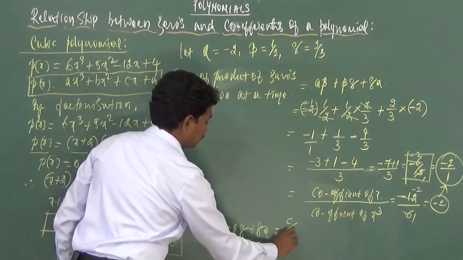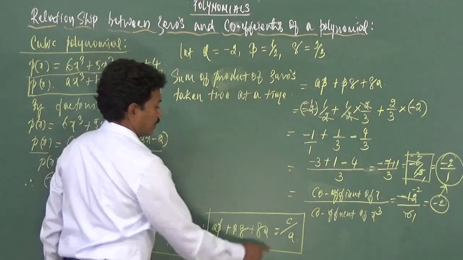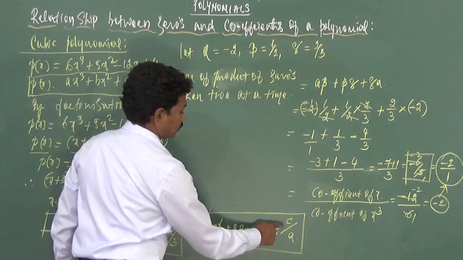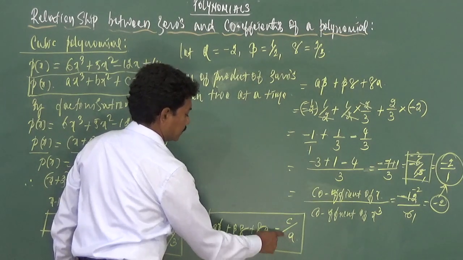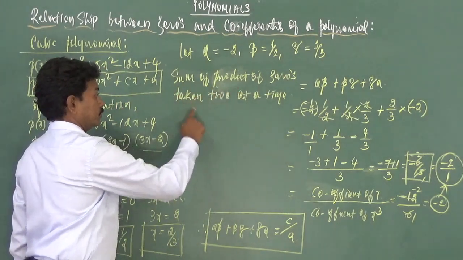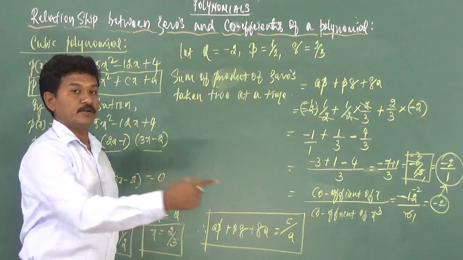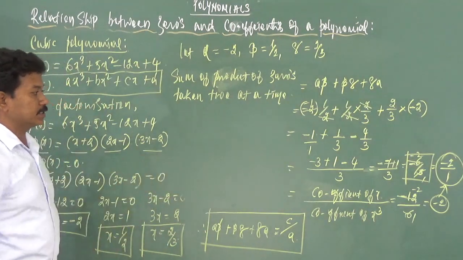So if you do c by a in a cubic polynomial, that is, if you divide the coefficient of x by the coefficient of x cube, you are going to get the sum of the product of the zeros taken two at a time without finding the zeros. Directly you are going to get it. So this is the second type.